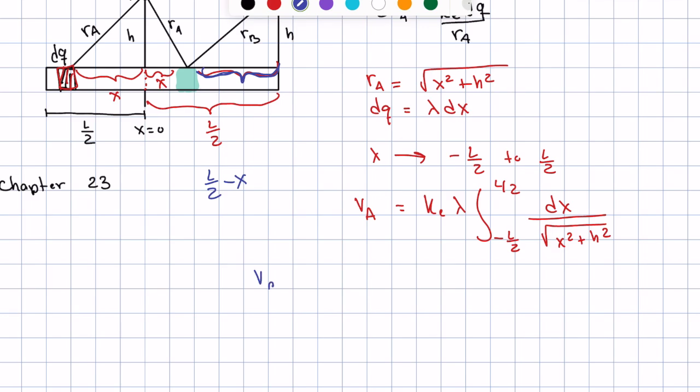VB is then equal to ke lambda integral from negative L over 2 to L over 2 dx over, and instead of saying x, we're going to say L over 2 minus x squared plus h squared. So again, I'm going to assume that you are actually given this integral and you get a number.